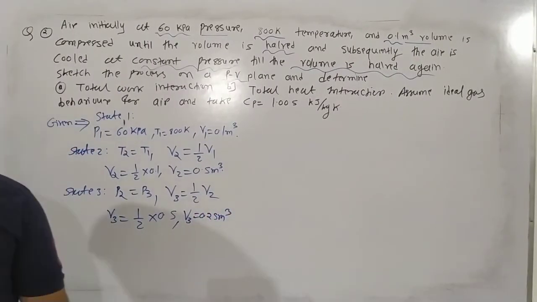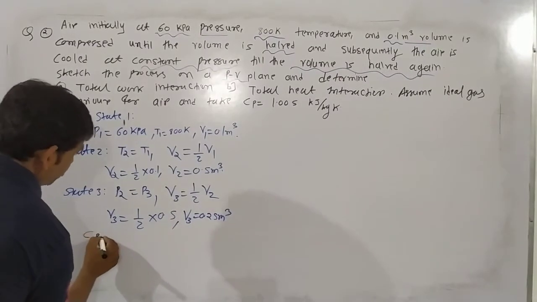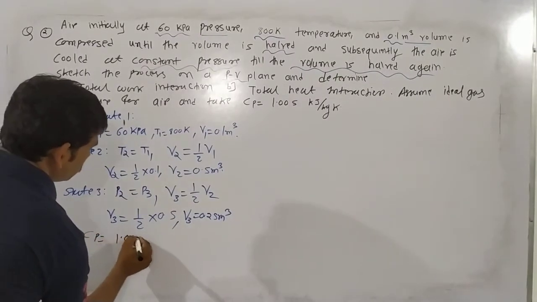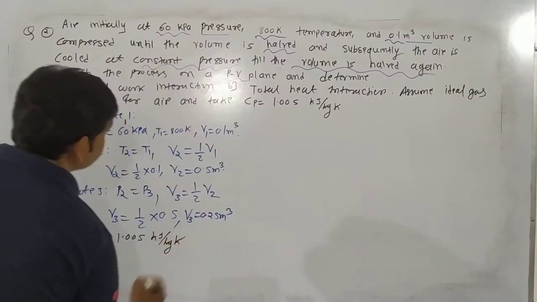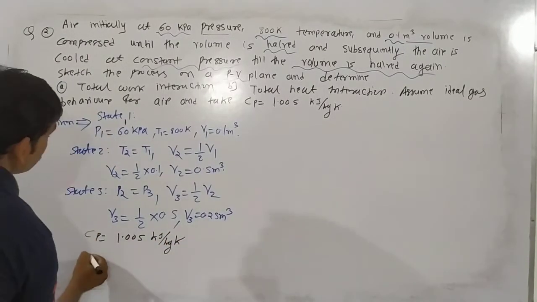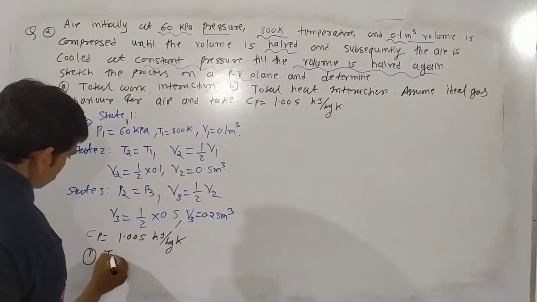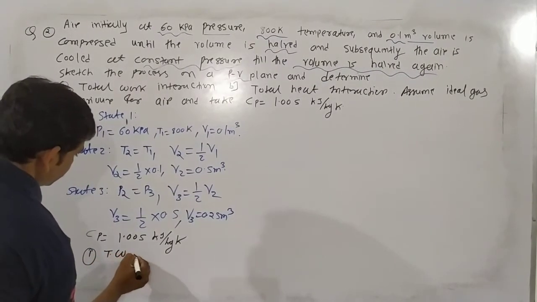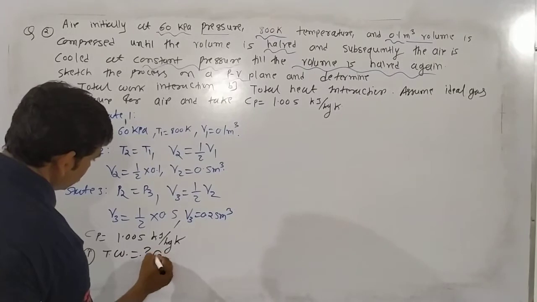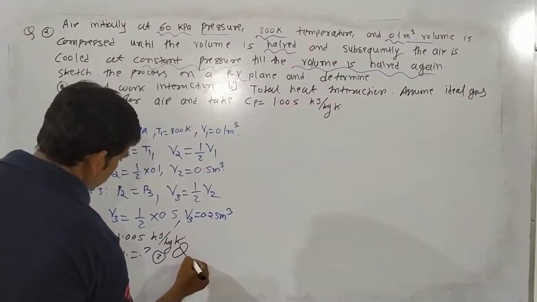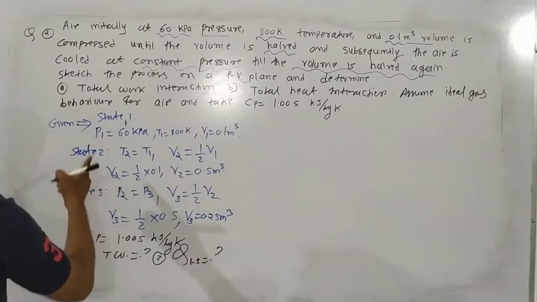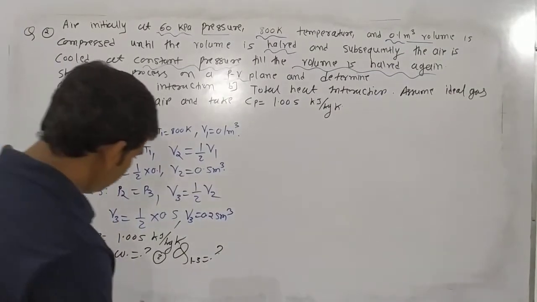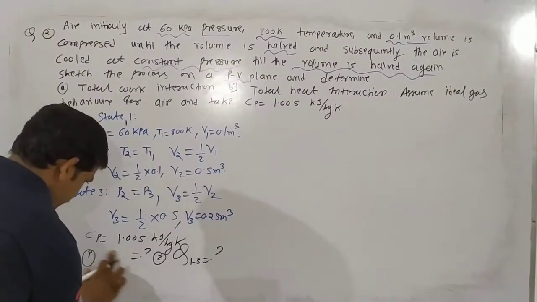Then the value of Cp is given: it is 1.005 kilojoule per kg kelvin. We have to determine the total work interactions and the total heat interactions. These are the parameters we have to calculate here.